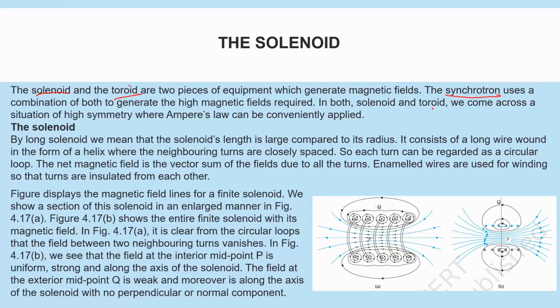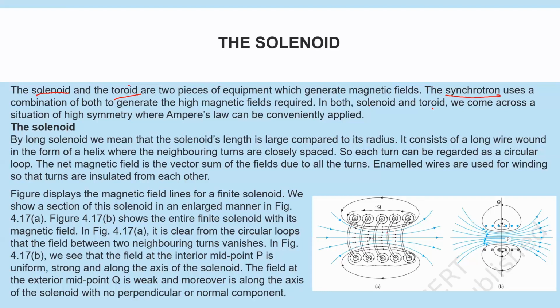So what is a solenoid? You can see over here the diagram and the different kinds of magnetic field that is generated. This is a section of a solenoid, a stretched illustration of a section of a solenoid.